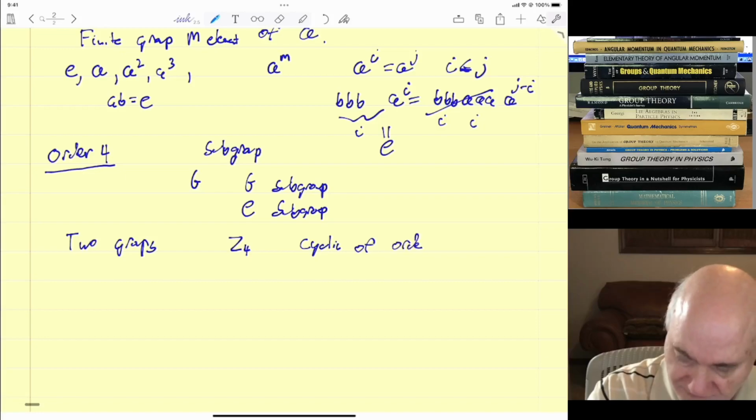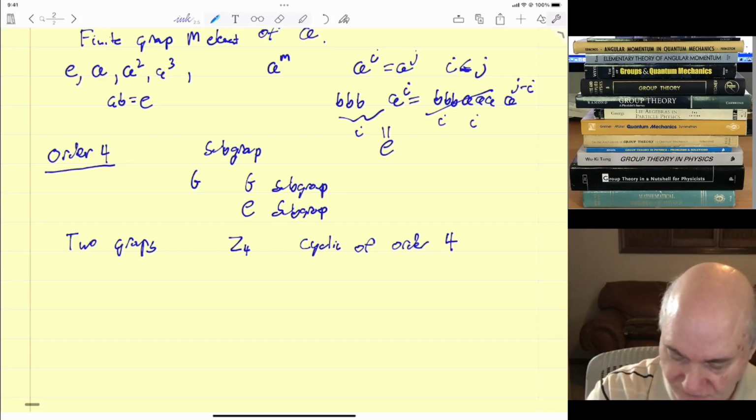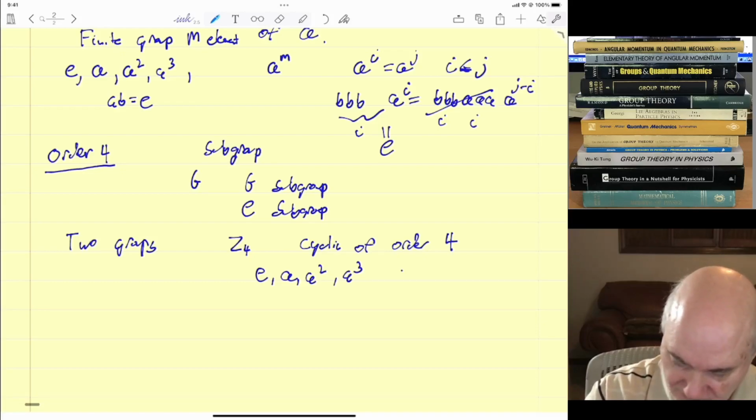Now, by now you may realize that for every integer n, there's a cyclic group of order n. And so this is just E, A squared, A cubed. Those are the elements of the group. And then by definition, A to the 4th is equal to E.